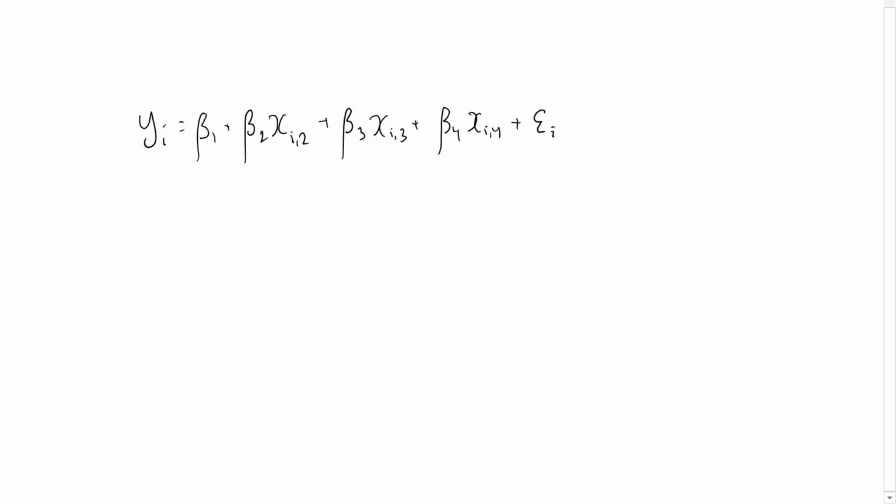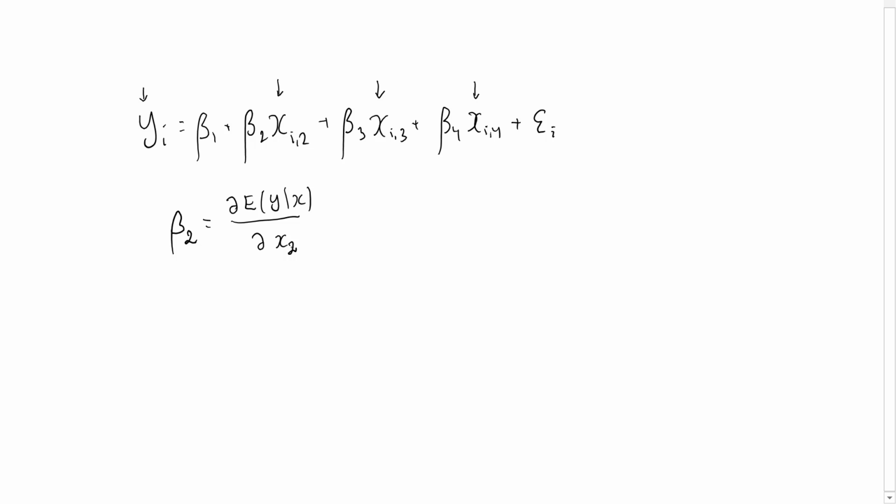So this is what our model looks like. The final result, the SATV, the SATM, and the GPA. And remember the interpretation of the beta parameters. For example, beta 2, the coefficient in front of SATV, is the derivative of the expected value of y given x with respect to x2.